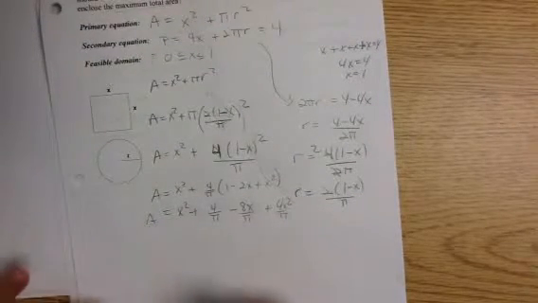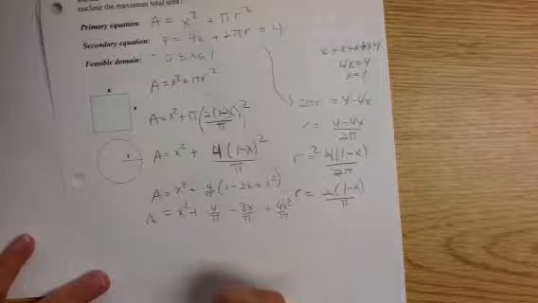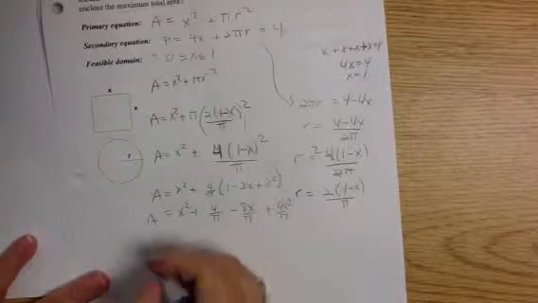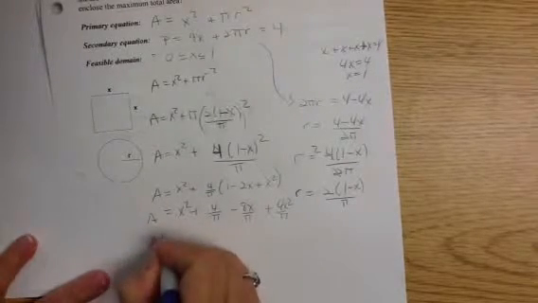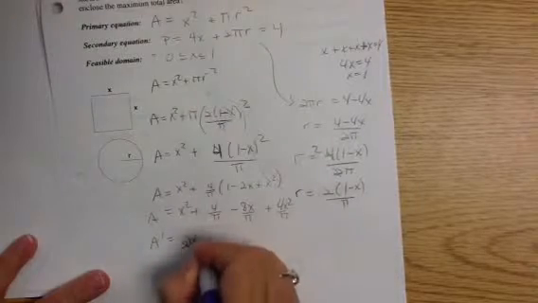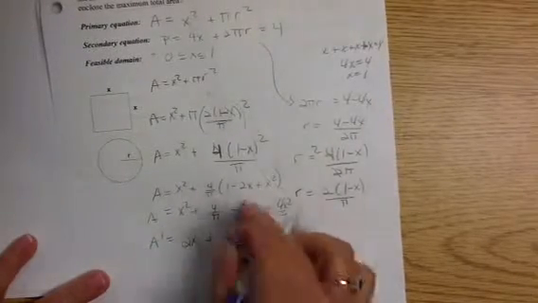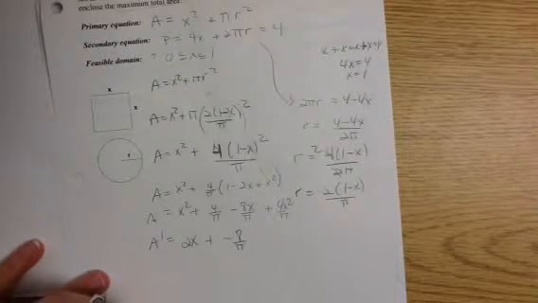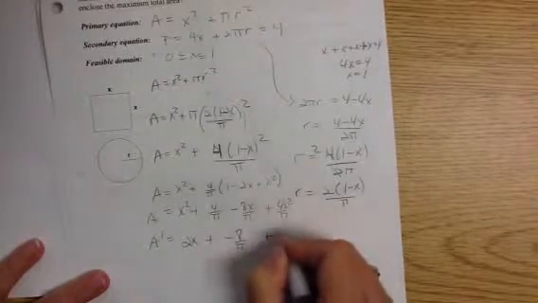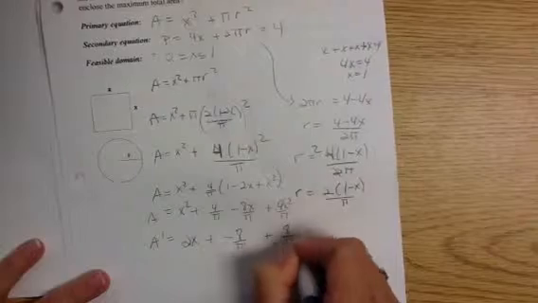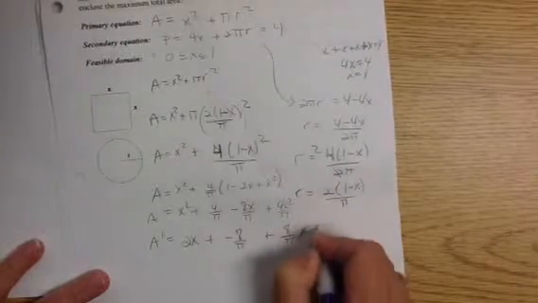So let's take this derivative and see what we get. I'm going to say the derivative is 2x plus, there's 0, minus 8 over pi, and that is x, plus 8 over pi times x equals 0.